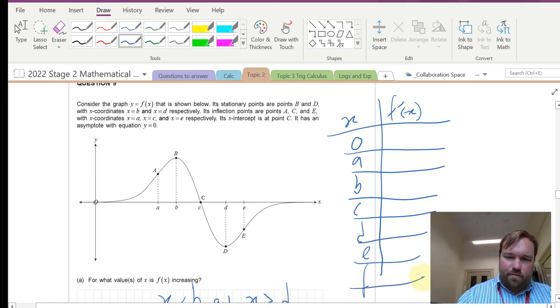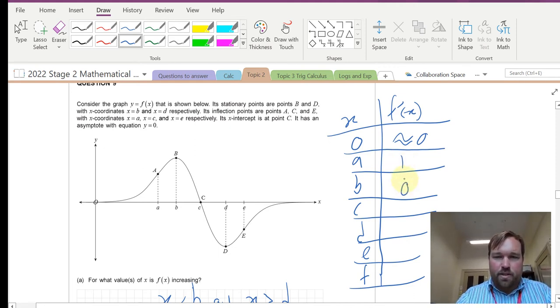All right. Just to give us some guidance. At x equals 0, the slope is pretty much equal to 0, like it's flattened off. At x equals a, it's positive. Let's call it a 1. We go up. At x equals b, the slope is 0 again.